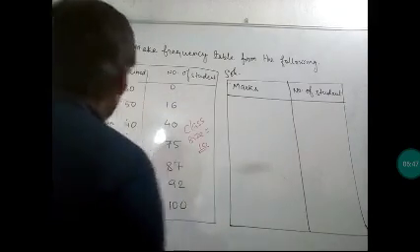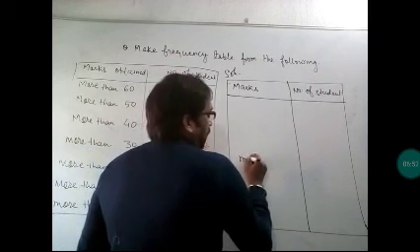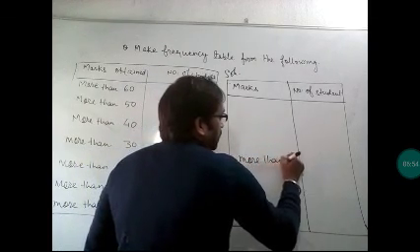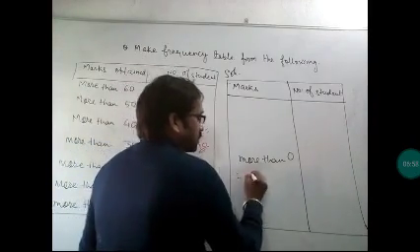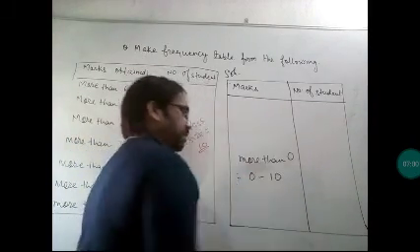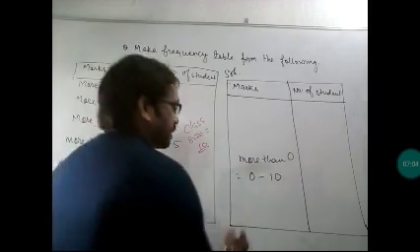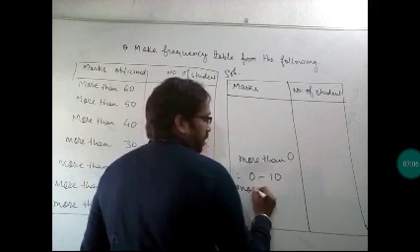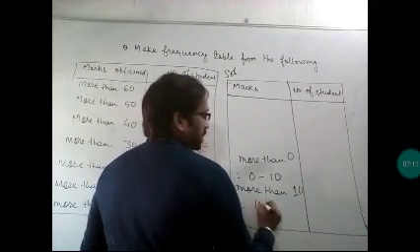So more than 0 means 0 to 10, because class size is 10 only. Similarly, more than 10 means 10 to 20, because the class size is 10.